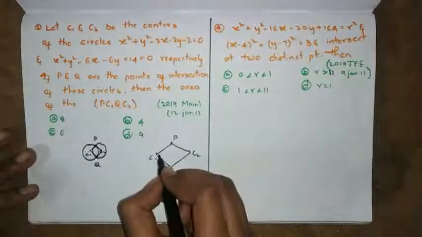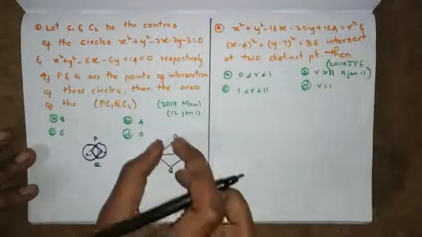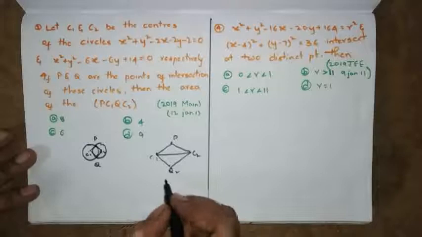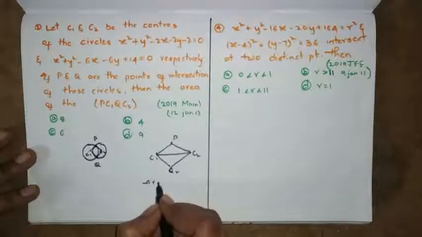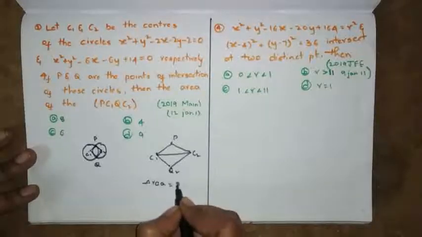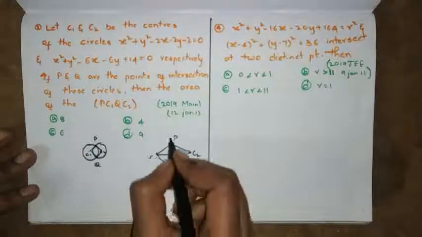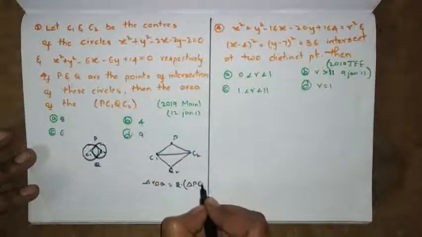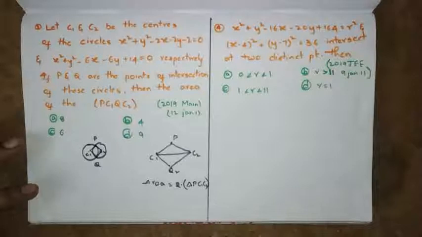Can I say that these 2 have same area? And I can say that area of quadrilateral will be 2 into area of the triangle P C1 C2. But how to know?